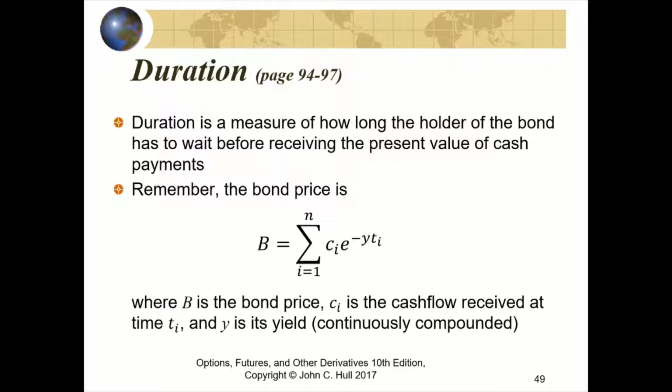The duration is a measure of how long the holder of the bond has to wait before receiving the present value of cash payments. Remember, the bond price that we observe is basically the cash flows, or the coupon payments the bondholder will receive, discounted to today's value, and that also includes the last coupon payment and the face value of the bond.